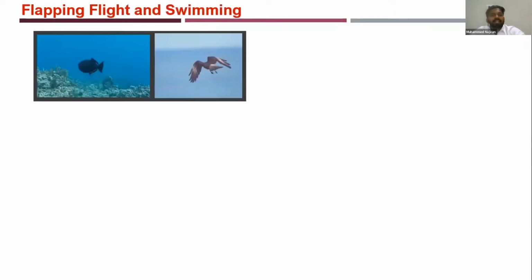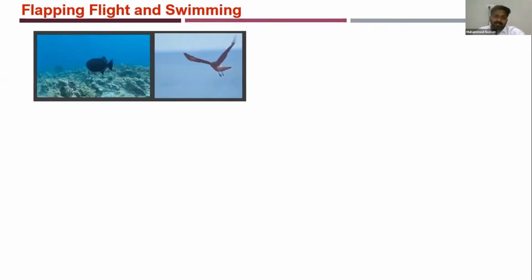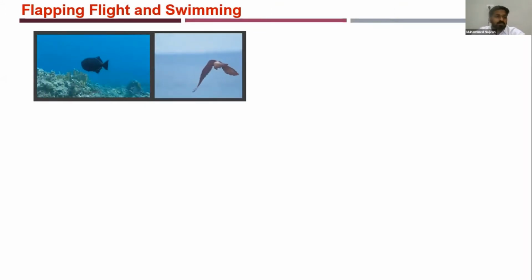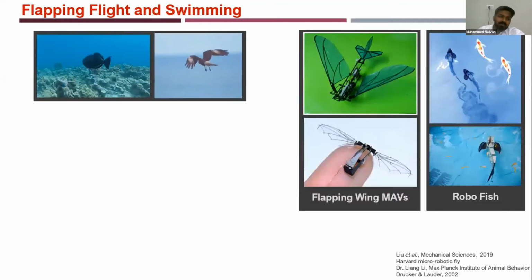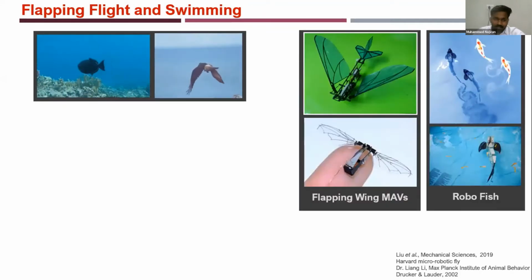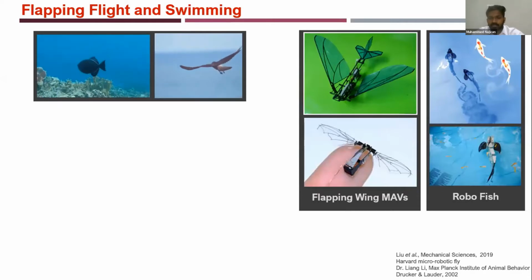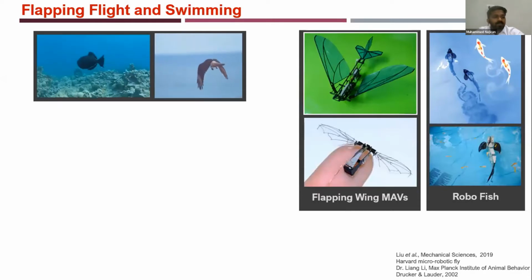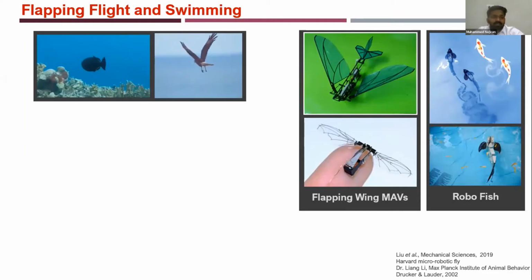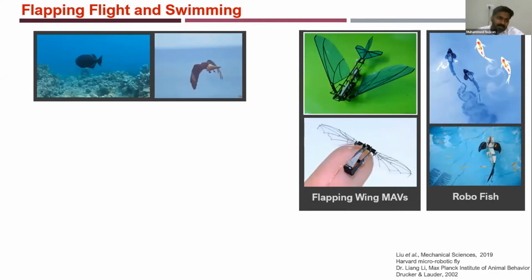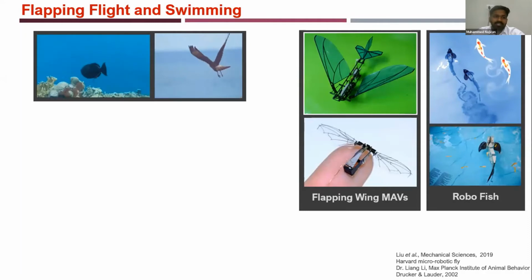If you observe nature, we can see that all natural flyers and swimmers use a flapping mode of propulsion. Inspiration from these can provide us insights in developing flapping vehicles like flapping wing micro air vehicles or robofishes. To understand the dynamics of the flapping foil, it is essential to understand the trailing edge vortex patterns.